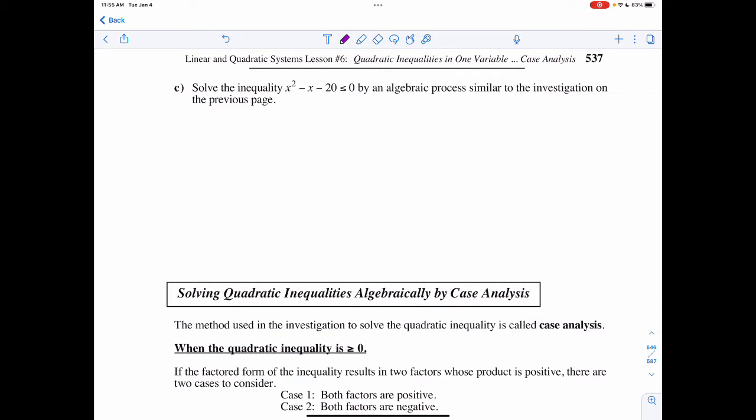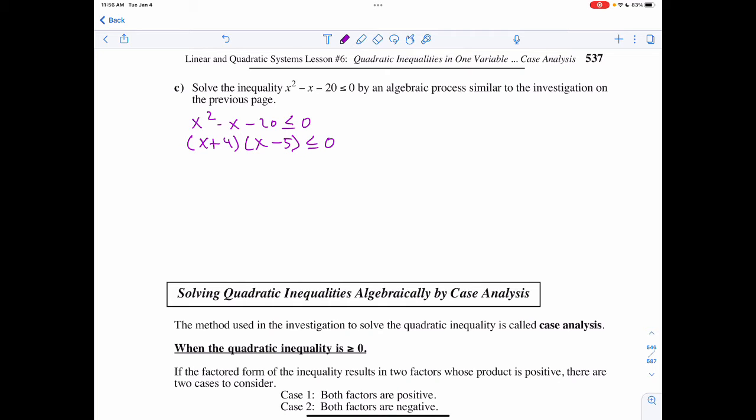If I'm doing the same process for example 2, then I would say that x squared minus x minus 20 is less than or equal to 0. When I factor it, I get x plus 4 and x minus 5 is less than or equal to 0.